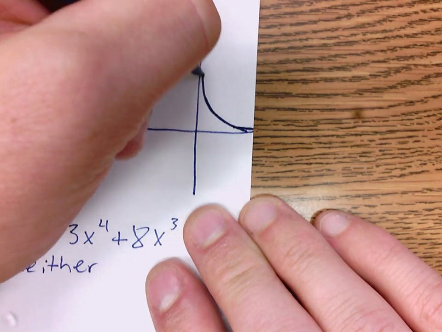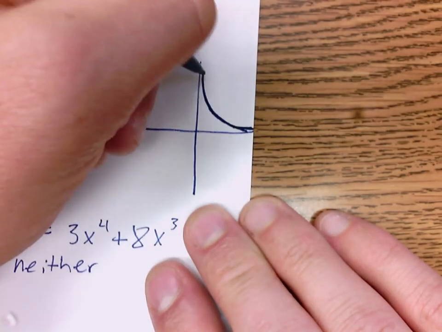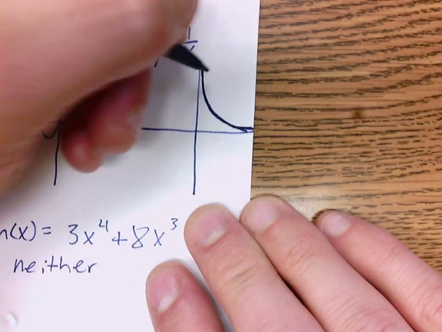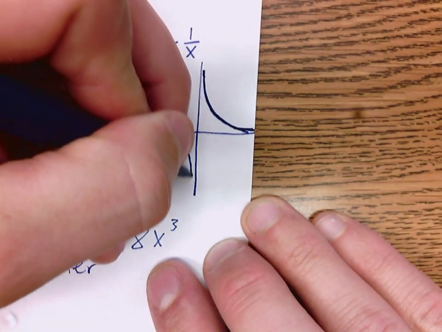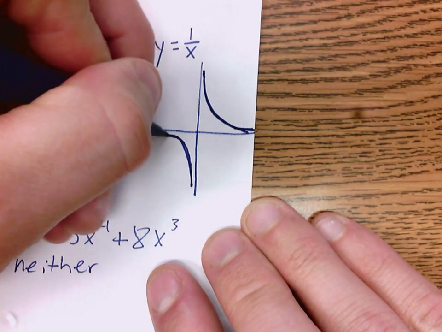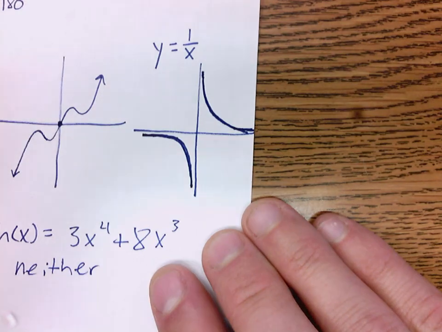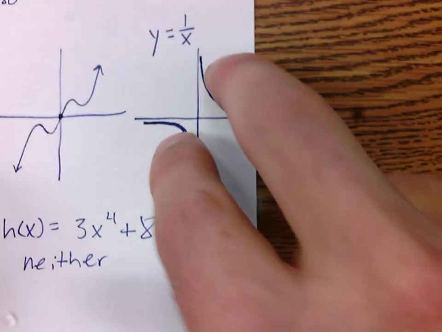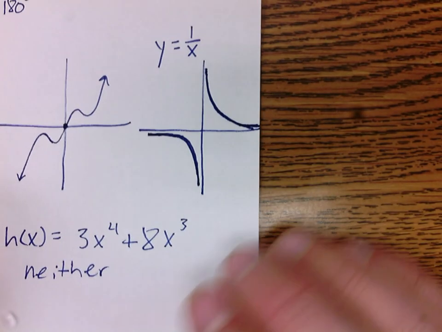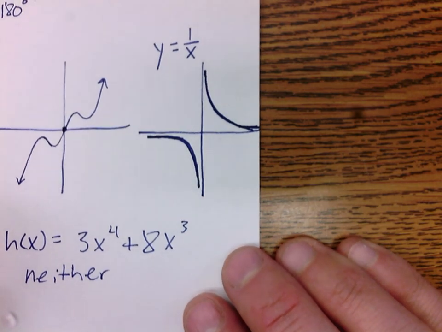I'll draw that a little bit better. It has this space where it never gets to 0, and then it has this over here. And if you remember when we talked about 180-degree symmetry, this is the same deal: if we rotated it around 180 degrees, it would be identical to itself.